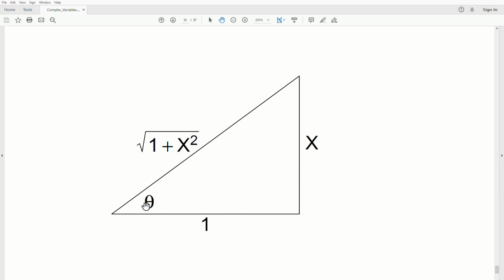If we take the sine of theta, that's x over the hypotenuse, the square root of 1 plus x squared. If we take the cosine of theta, that's 1 divided by the square root of 1 plus x squared. And those are the three operations you're going to have to remember. Or if you write this down, you can follow along.